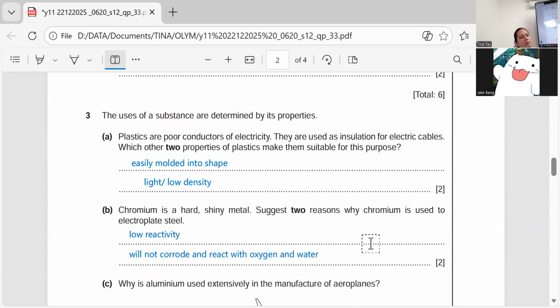Chromium is non-reactive, like gold and platinum. Electroplating is a barrier method, where you form a barrier.